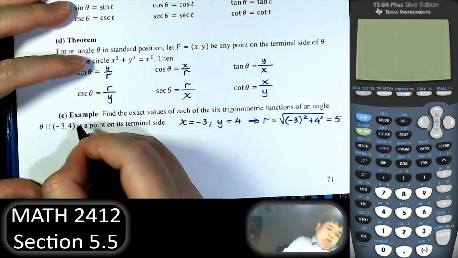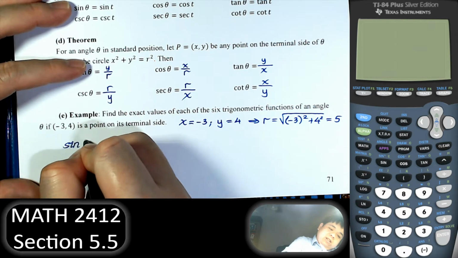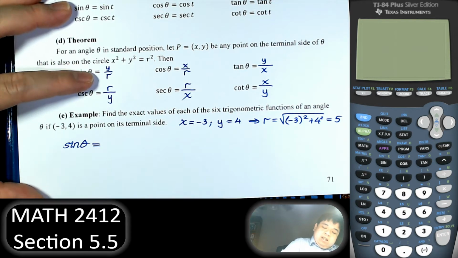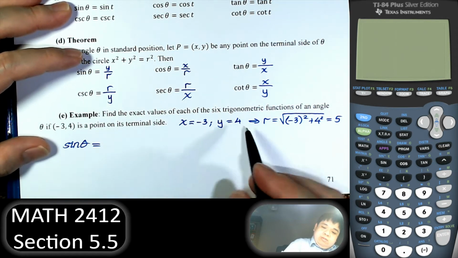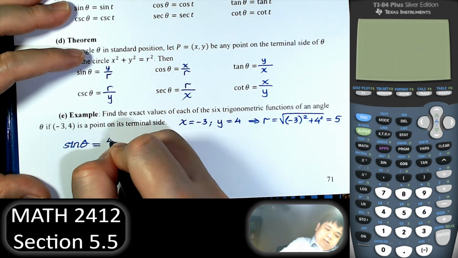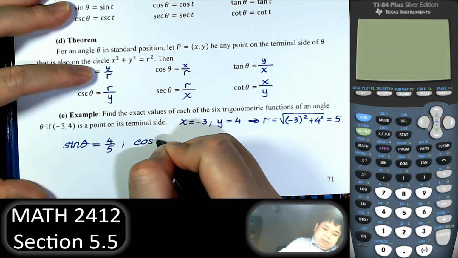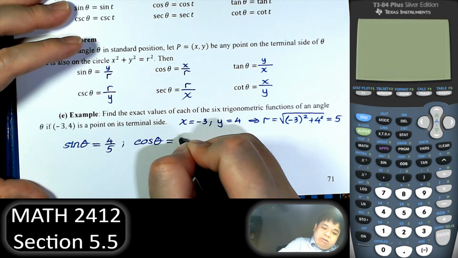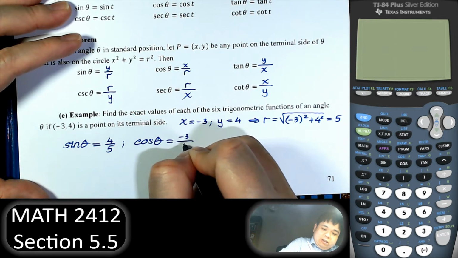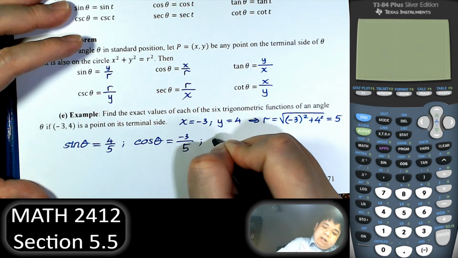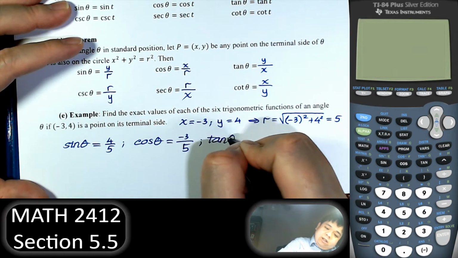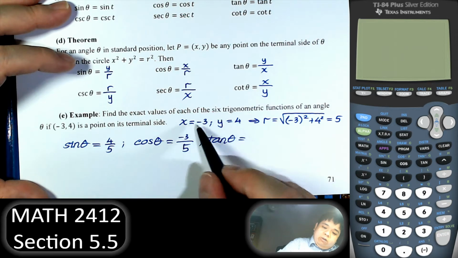Then for the trig functions, sine is equal to y over r, cosine is x over r, and tangent is y over x.